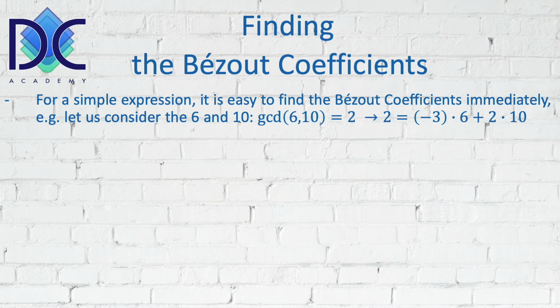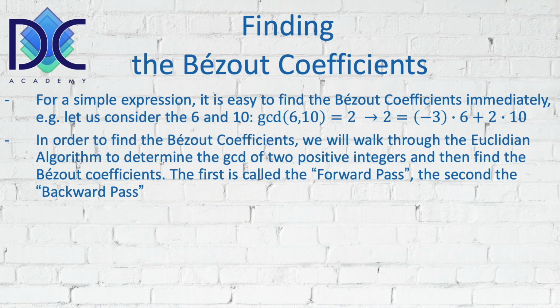Now, for more complex equations or identities, this can be a little bit more complicated. So we have to find a way to find those Bézout coefficients. What we are going to do is use the Euclidean algorithm to determine the GCD of two positive integers, and based on that, we're going to find the Bézout coefficients.